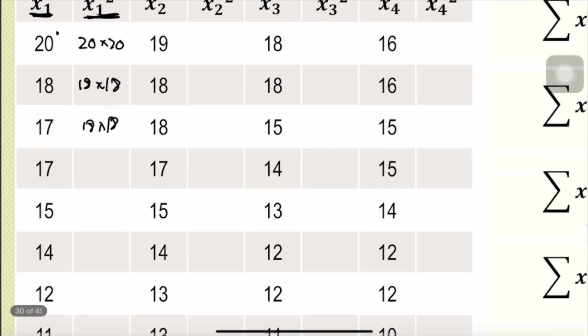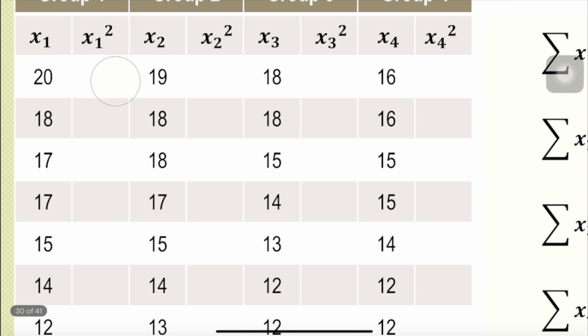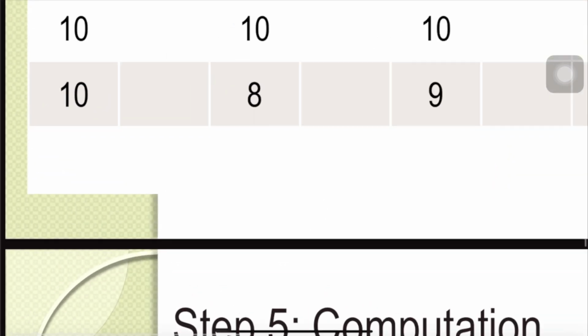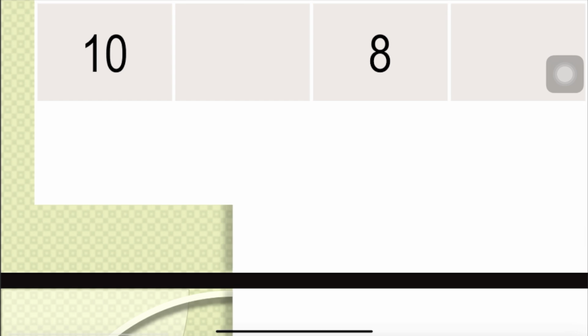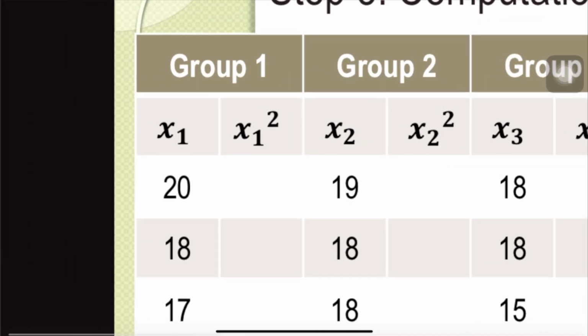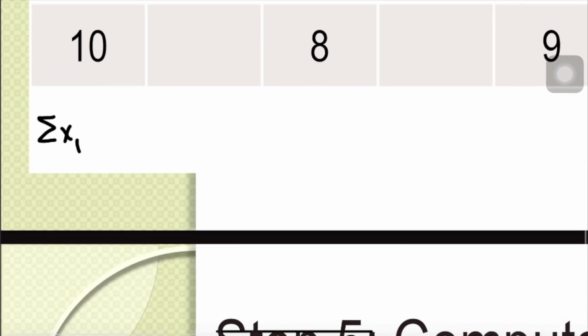Next, once you have computed for the squares of the given values, you're going to go down to the table and write down their sums. So you're going to write down the sum of, then the label on the top of the table. It's x1 here, so the sum of x1 is equal to, then you're just going to add all of the values.